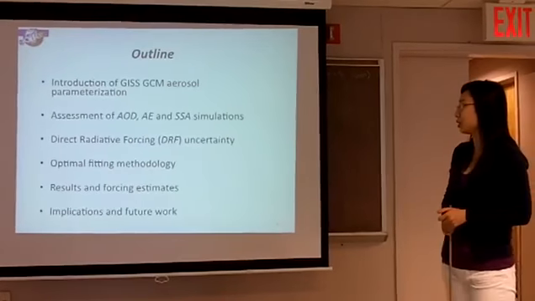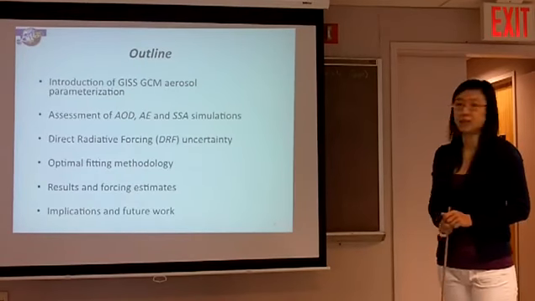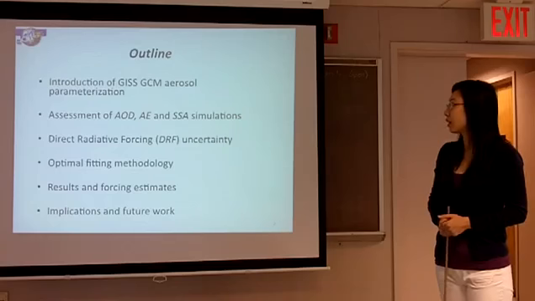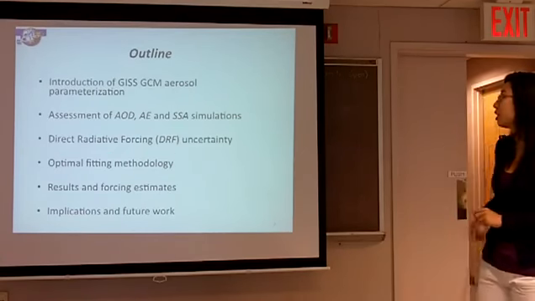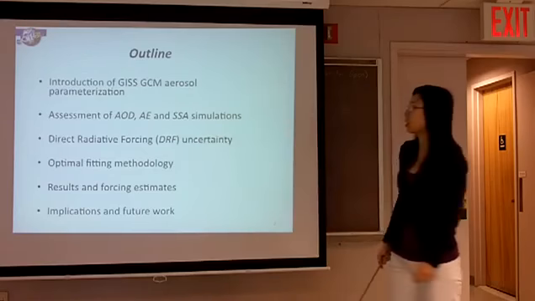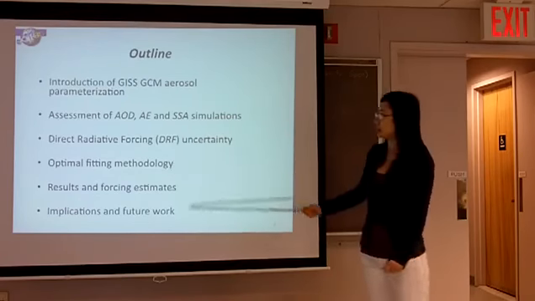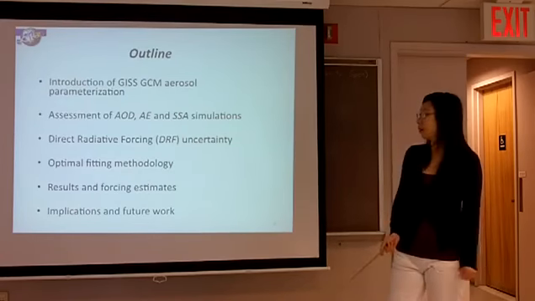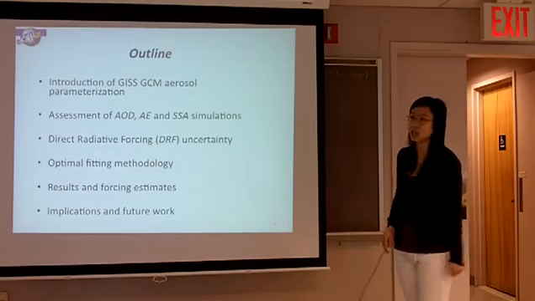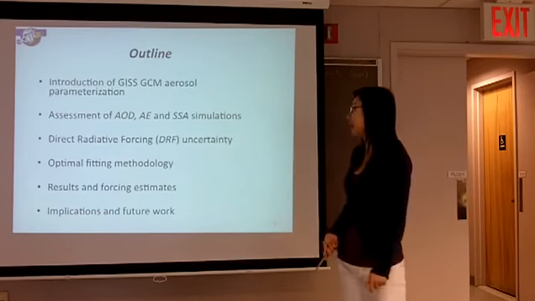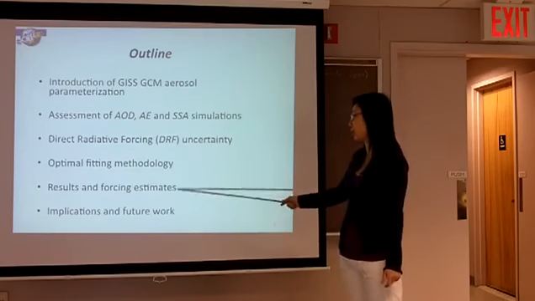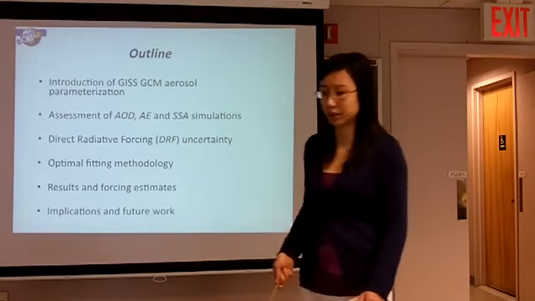Next, I will show some results of a sensitivity study on the direct radiative forcing to perturbations in these aerosol properties. Then I will introduce this optimal fitting methodology, which is partly based on the results of the sensitivity study. Then I'll present the results and some implications for future work.